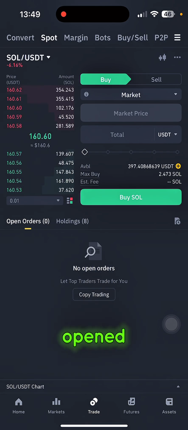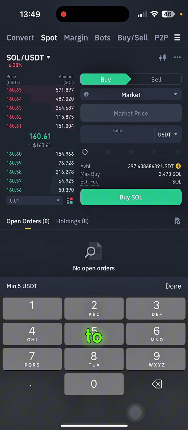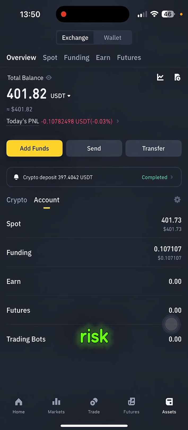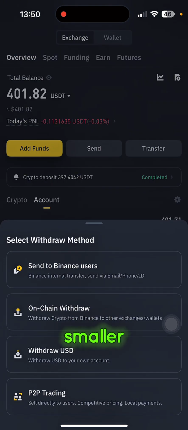So once you've opened up Binance, you will need to now buy your Solana on the spot section of any amount. It can be about $20, $10, any amount you could afford to risk, because there is potential of turning your smaller amount into a bigger amount.